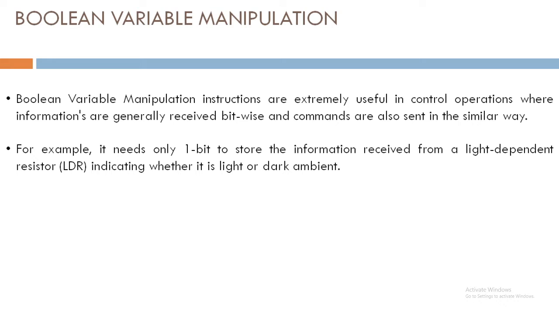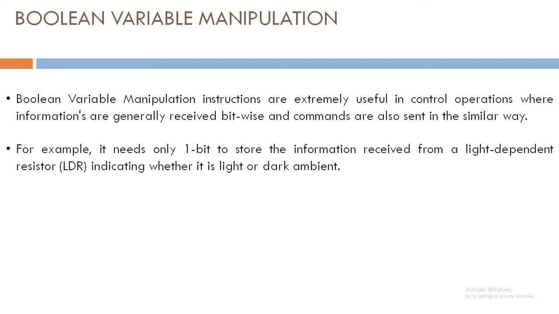only one bit to store the information received from a light dependent resistor, indicating whether it's light or dark. Suppose you want to capture relevant information from an LDR. LDR is a sensor, a light dependent resistor. Depending on the intensity of the light, the resistance of this device changes.